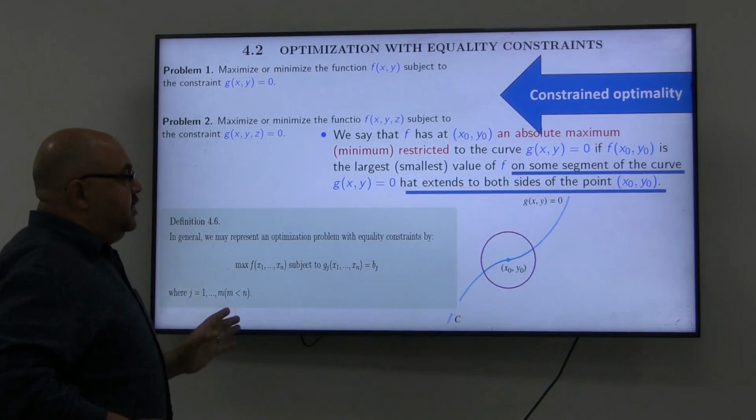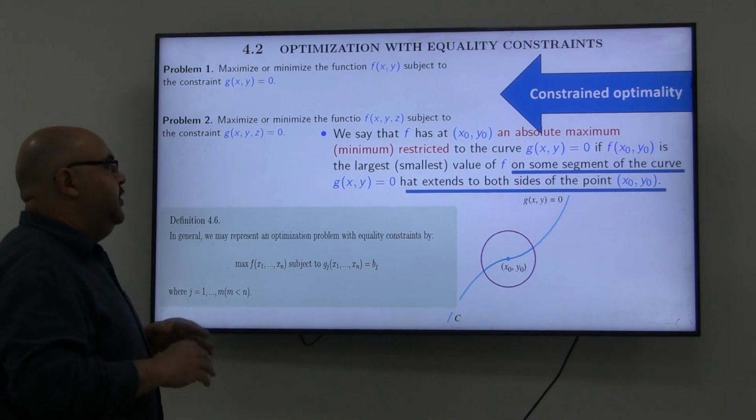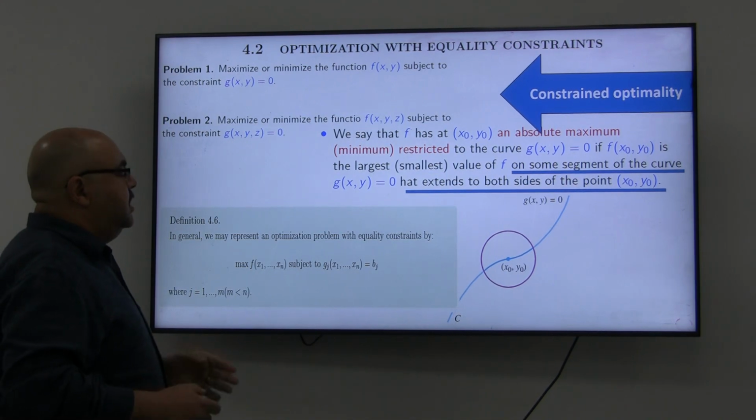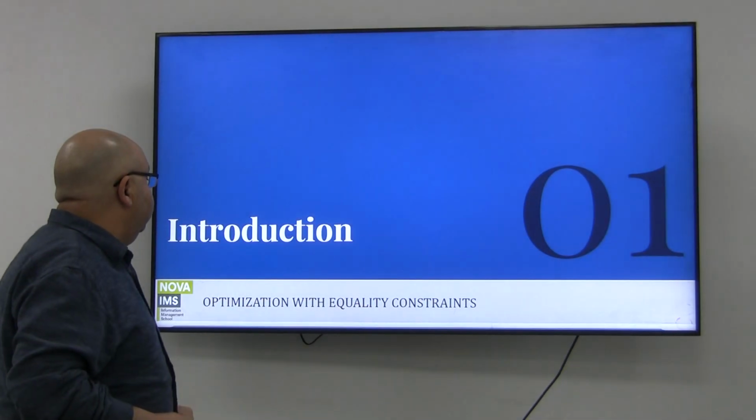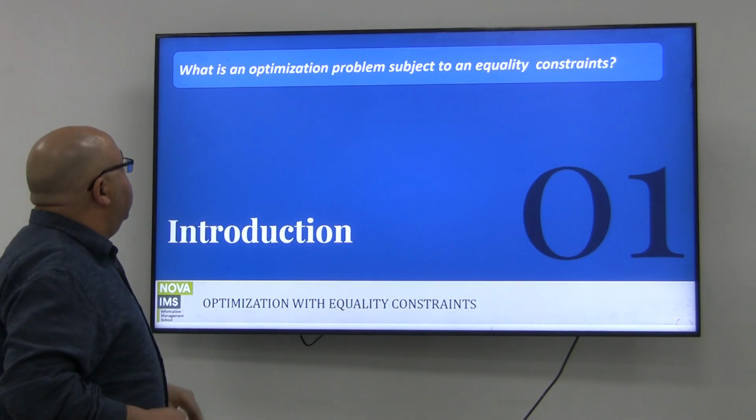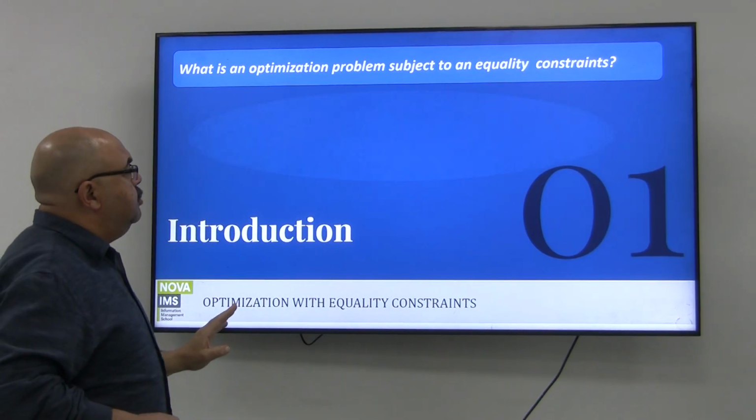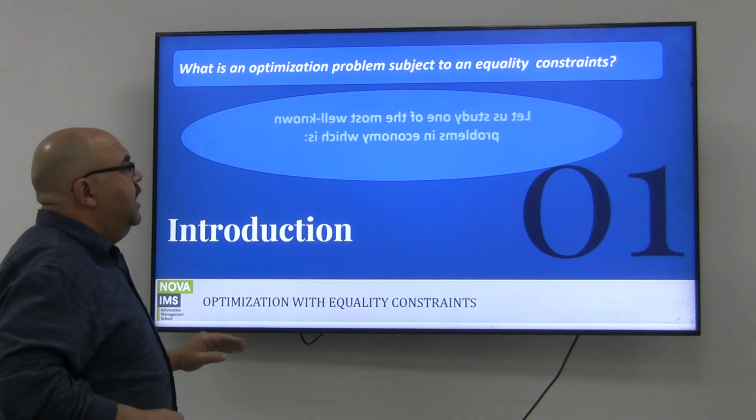So it's some segment of this curve just within the condition, and it extends to both sides, as you can see.